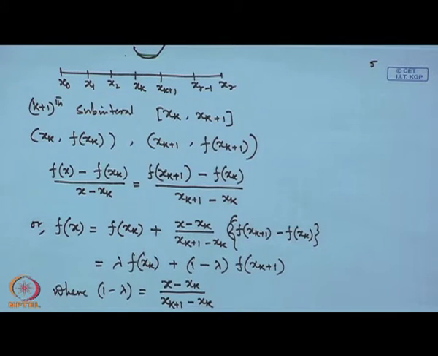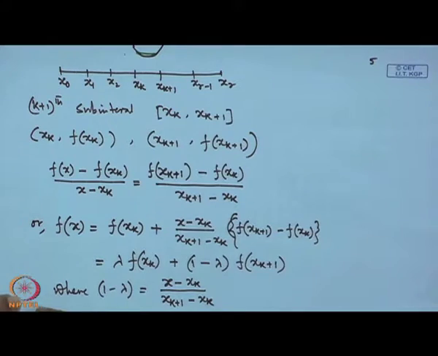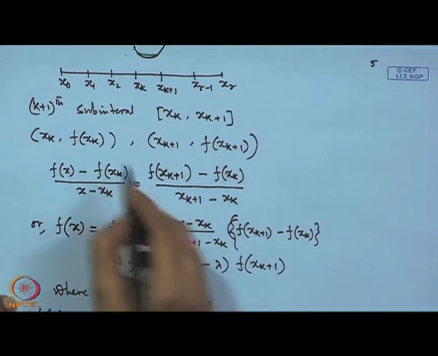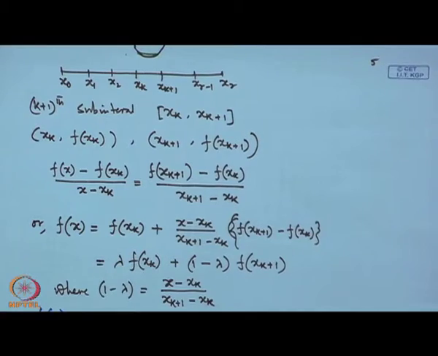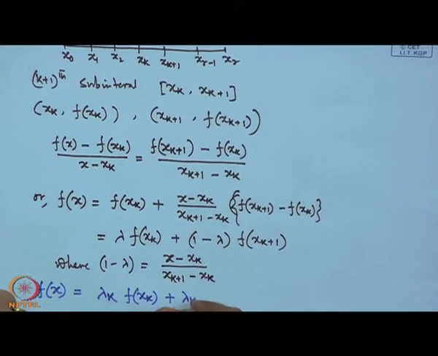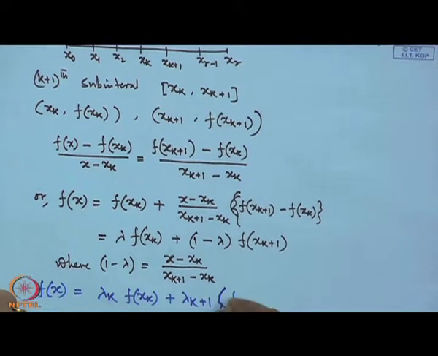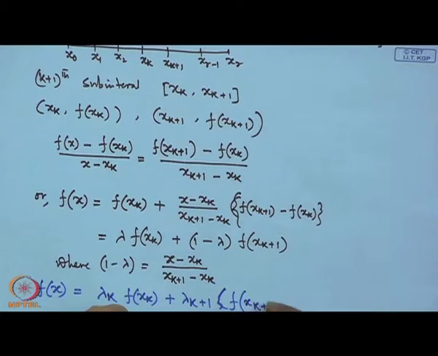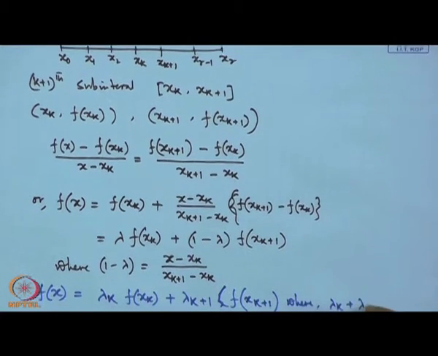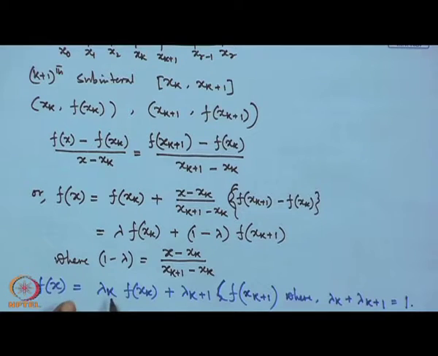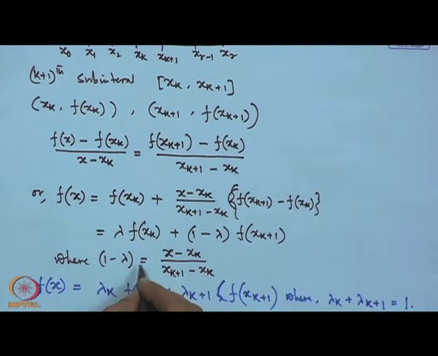Thus, we see that any f(x) within the interval x_k and x_{k+1} can be written as lambda_k f(x_k) plus lambda_{k+1} f(x_{k+1}), where certainly lambda_k plus lambda_{k+1} is equal to 1, because we have just considered lambda_{k+1} as (x minus x_k) divided by (x_{k+1} minus x_k), and lambda_k would be equal to 1 minus of this amount.